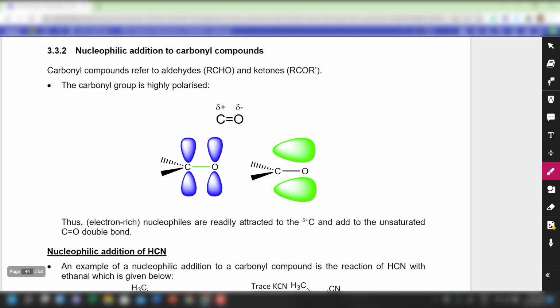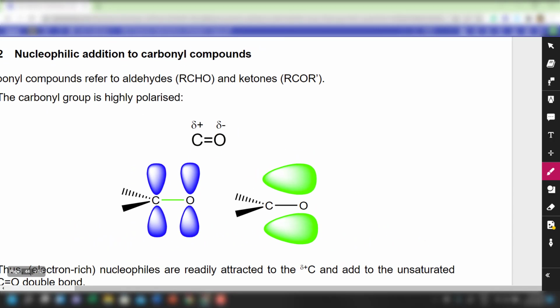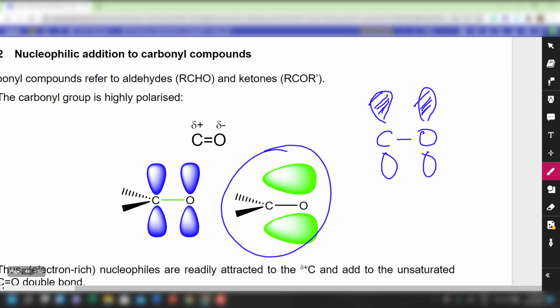Yeah, and if I may just stretch you a little bit by showcasing a little bit of MO to you, right? For the CO pi bond, for the bonding molecular orbital, we have two of the pi bond with the same shade here. So what you're going to get is what was shown in this green portion.